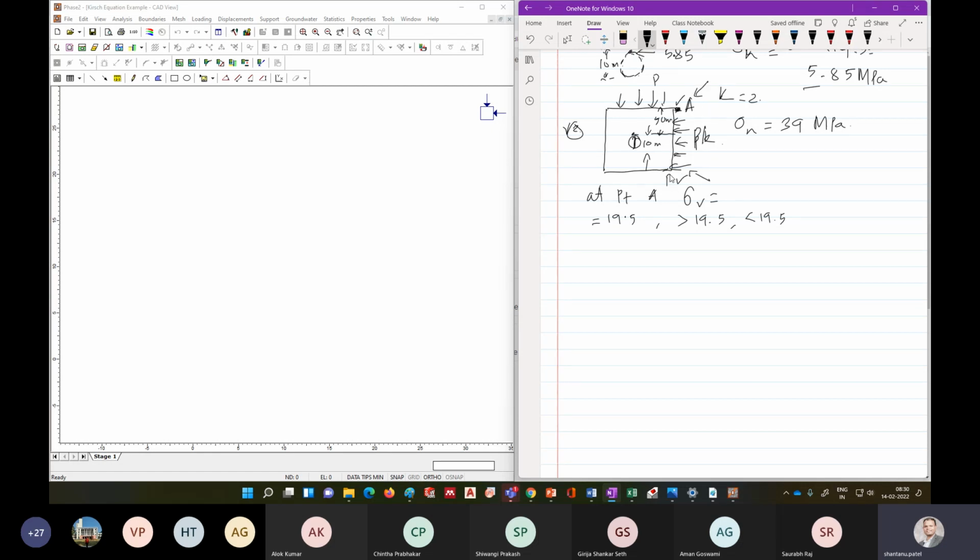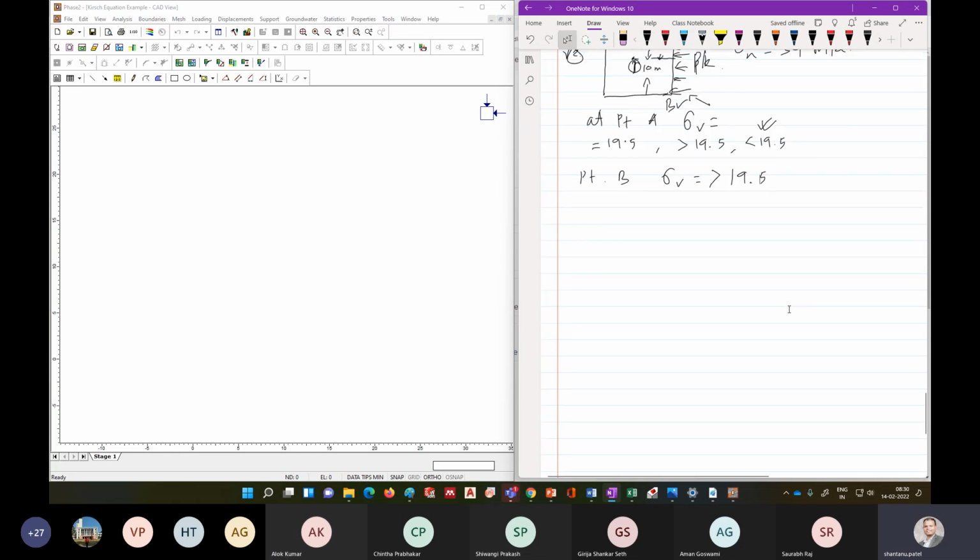Let's say the bottom point is B. So for point A, the stresses will be less than 19.5, and for point B, sigma B will be greater than 19.5. This is clear, right? Yes, sir. So now if this is there, then our equation itself is not valid, like the Kirsch equation we cannot even use.